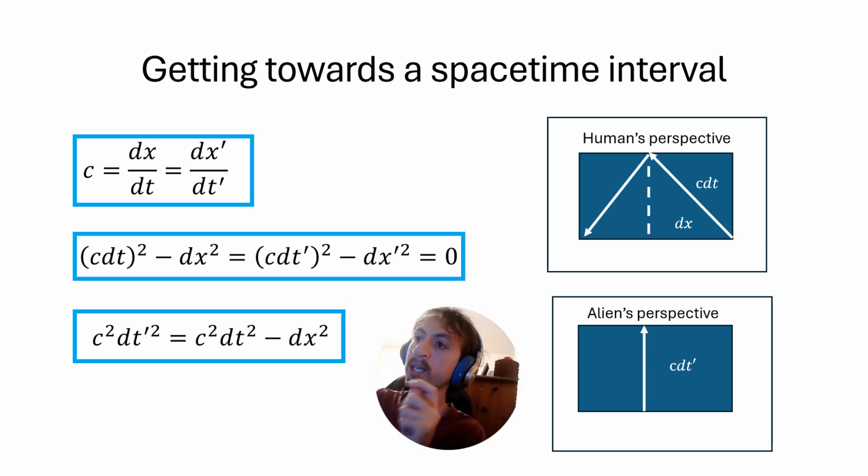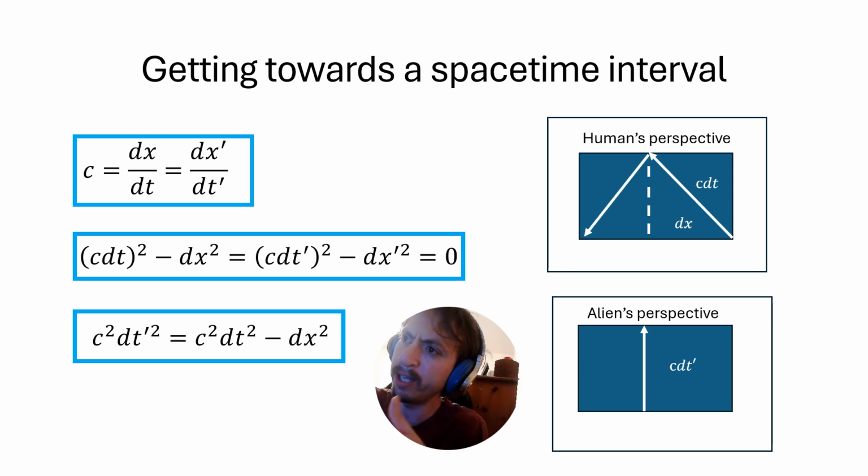Now, this expression is a general expression for the space-time interval for observers in different reference frames, and because of this equality, the space-time intervals are the same.